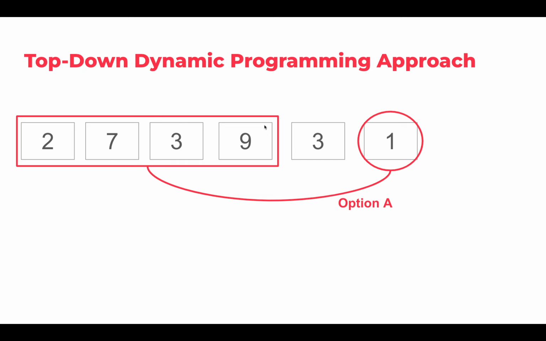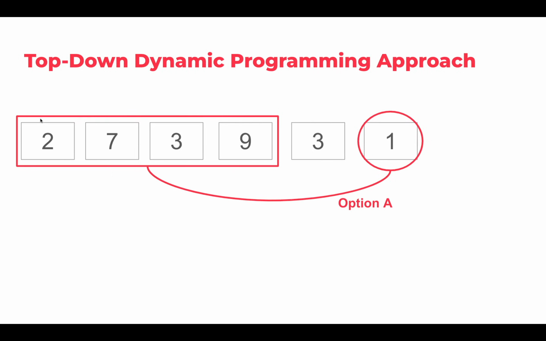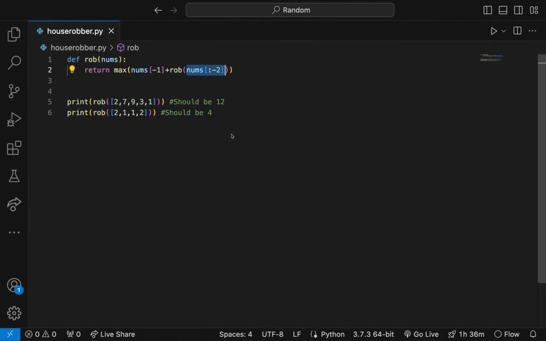That's going to be the first option: this subarray plus what we can get from the final house. So we're trying to maximize. I'm not even trying to compute here. Let the recursion handle itself. That's what that function is going to give us.